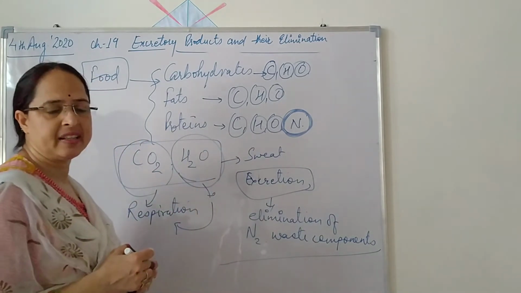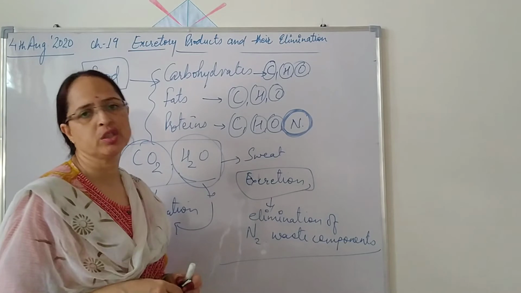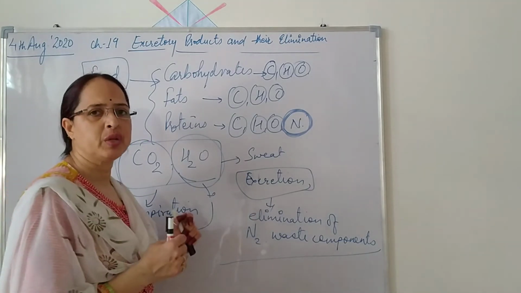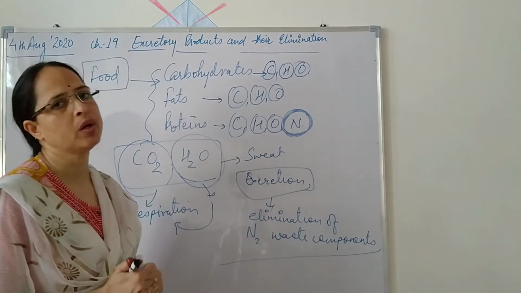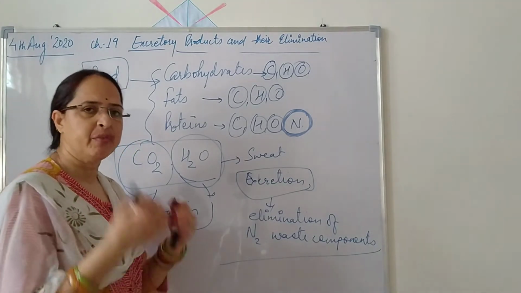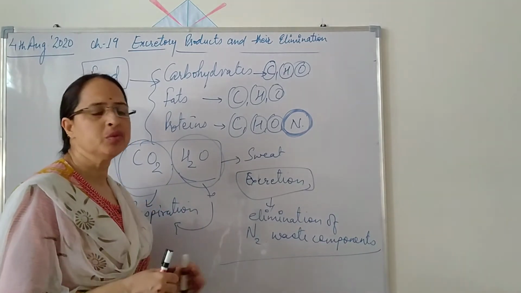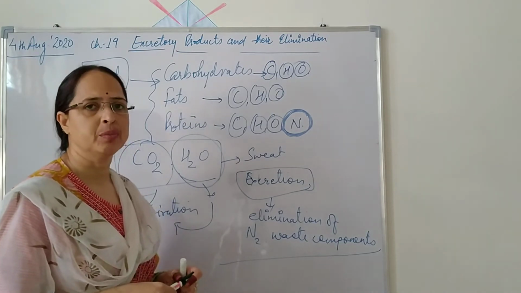Excretion is a process for removal of nitrogen compounds from the body, because if these nitrogenous waste compounds are retained in the body, they cause harm to our body organs. In human beings, we have kidneys to eliminate the nitrogenous compounds from the body.